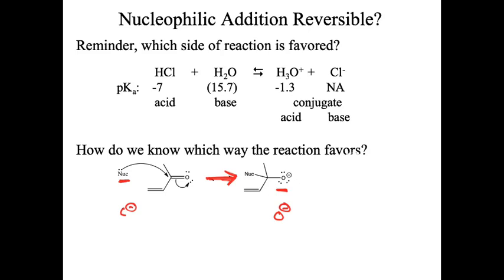What happens if instead of it being, I don't know, carbon, I make it a negative oxygen? Which is more stable, a negative oxygen or a negative oxygen? They're the same, which means I get an equilibrium. What does the equilibrium mean? Instead of getting the kinetic product, I get the thermodynamic.